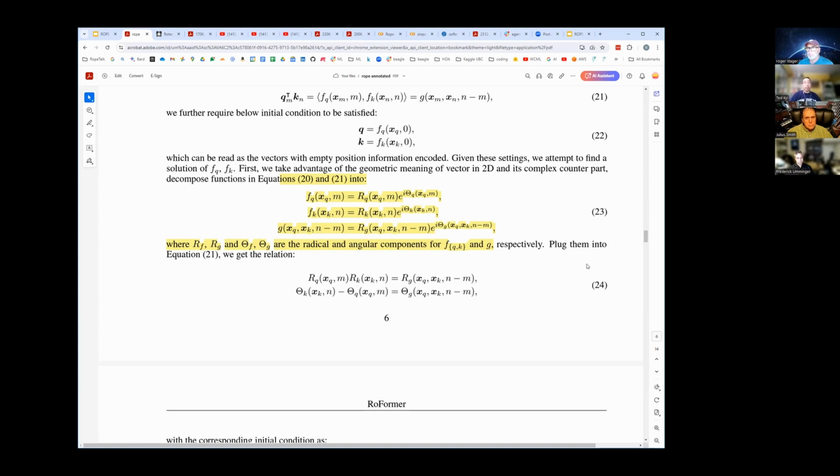And so apparently these transformers do well because they've tested the rotary position embeddings, the RoPE embeddings, and they work well. But with RoPE, I don't think you can as easily say, given the embedding, I can just extract from that, oh, this came from token position 5.